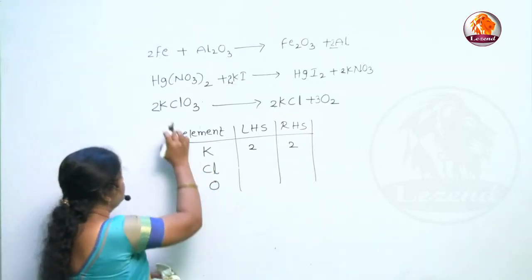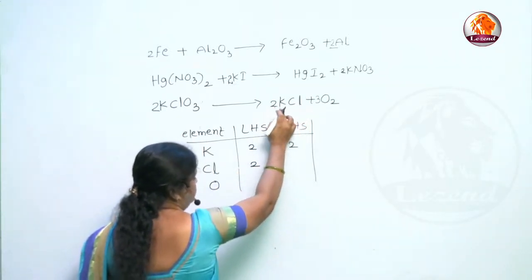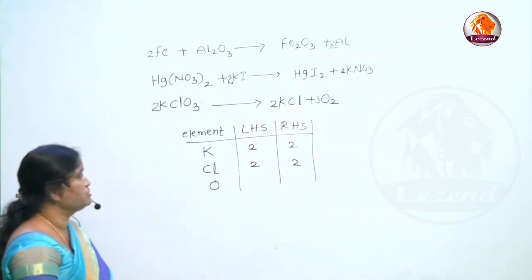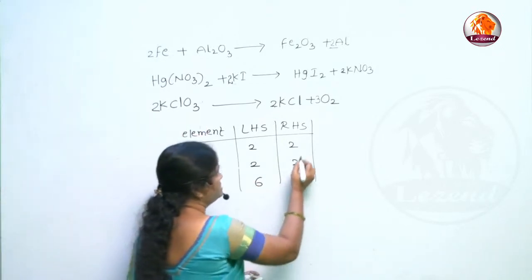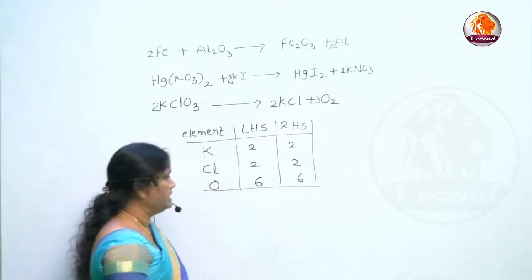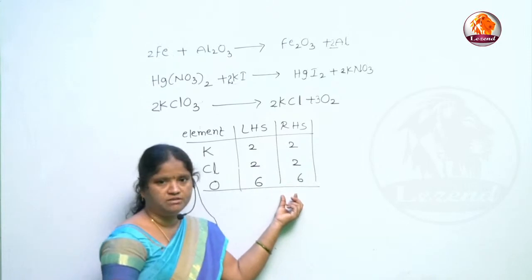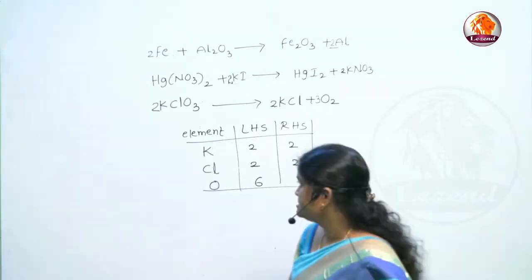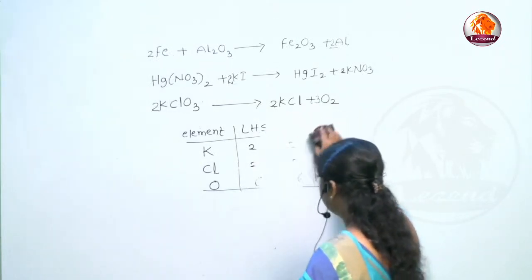Chlorine: left side 2, right side 2. Oxygen in potassium chlorate: 2 3s are 6; right side also 3 2s are 6. Looking at the table, the atoms of each element on both sides are equal in number, which indicates that the given chemical equation has become balanced. Potassium chlorate gives rise to potassium chloride plus oxygen.